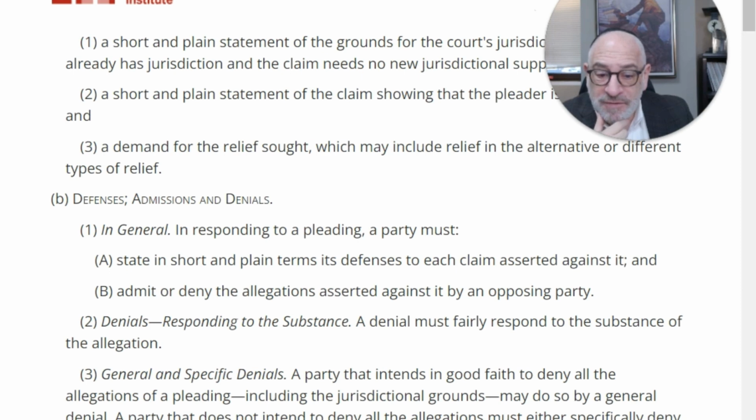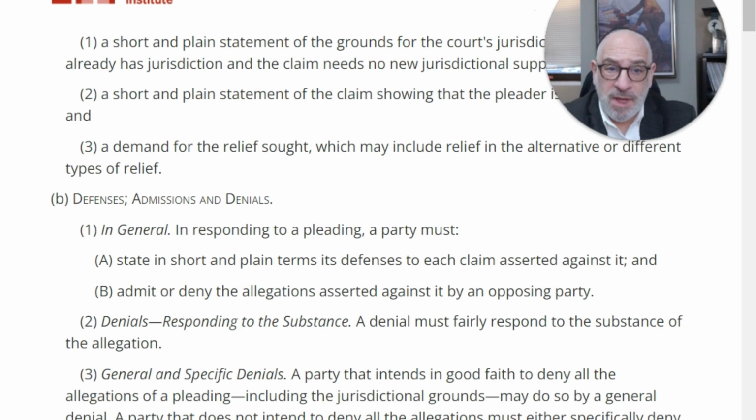A party that intends in good faith to deny only part of an allegation must admit the part that is true and deny the rest. So when you're pleading allegations, when you're making the complaint, you want to avoid compound allegations because it gives the other side the opportunity to deny them if they are dependent on each other, or to deny bits and pieces.